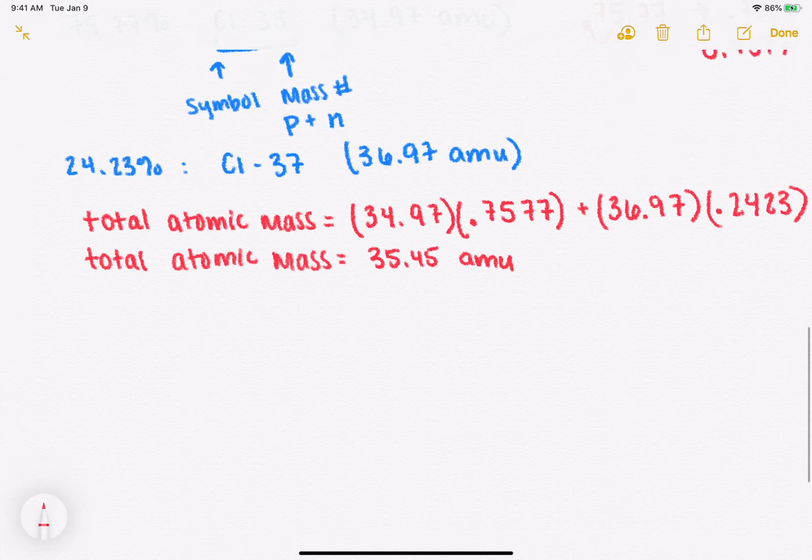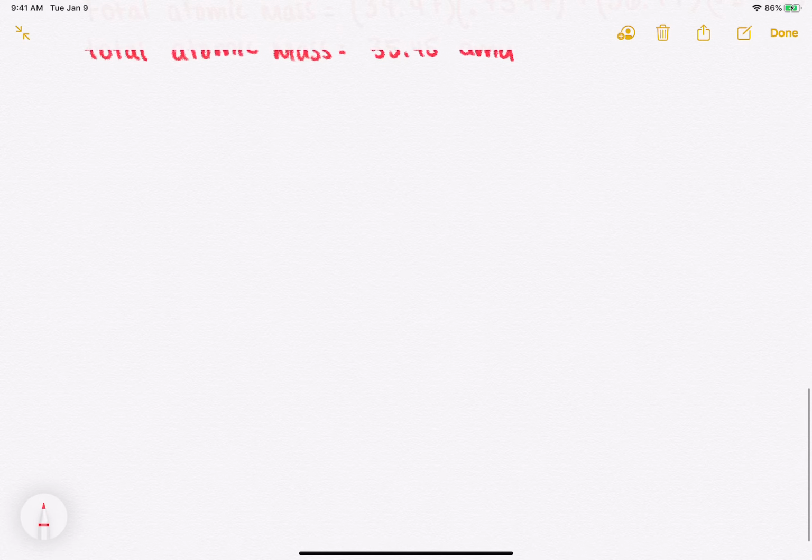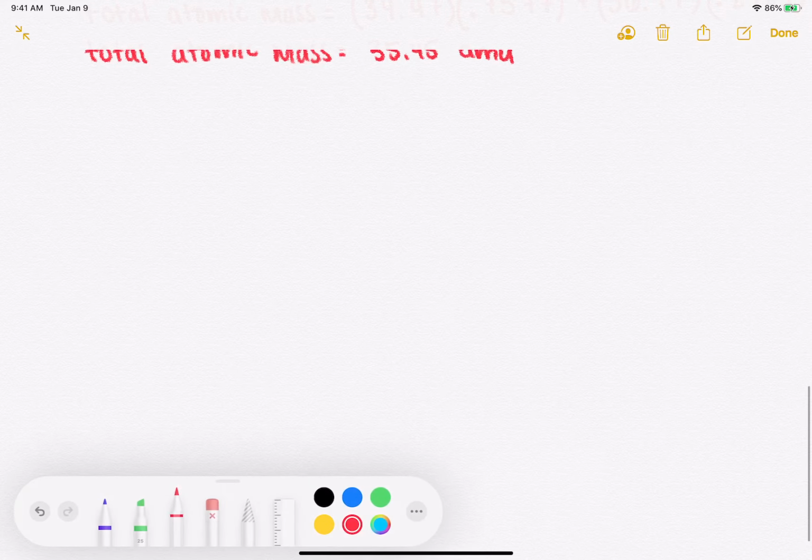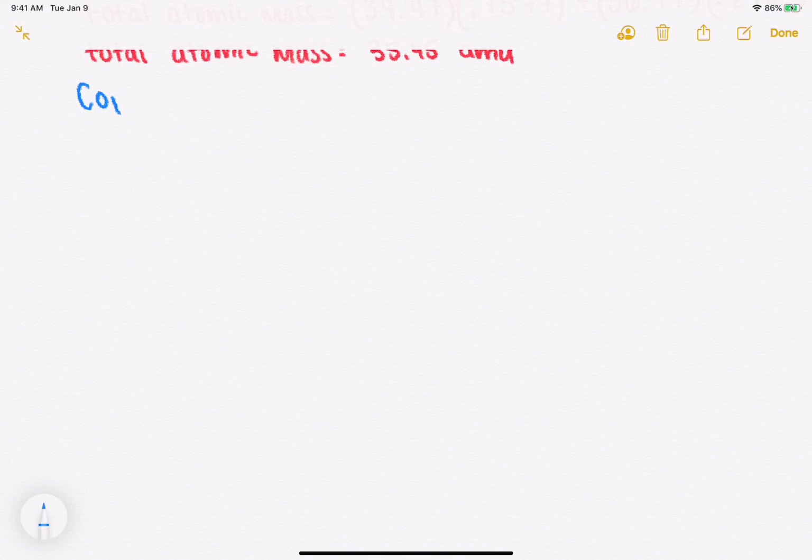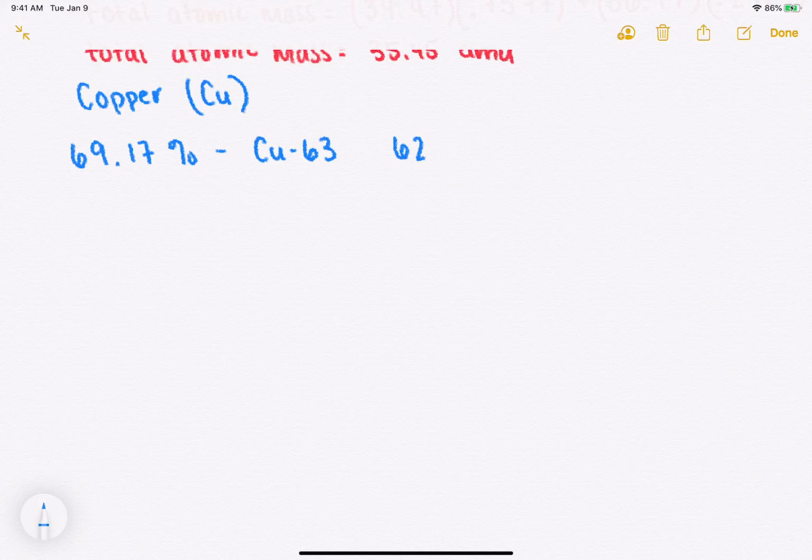Now let's do another one as practice. So let's use copper as an example. So copper is Cu, and it has two naturally occurring isotopes. 69.17% of the isotopes are Cu63, and Cu63 has an atomic mass of 62.9291 AMU, atomic mass units.